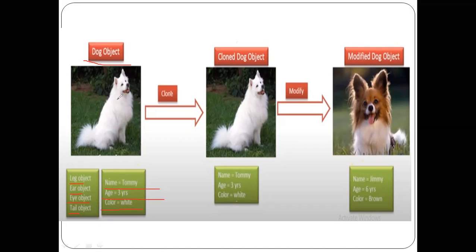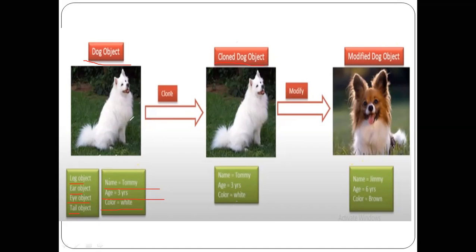After that, whenever we want to work with the same type of object, we go for cloning, which means copying the object information.